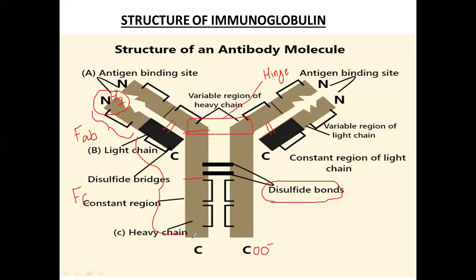So three domains are constant heavy chain regions and one is the variable heavy chain region. Similar to the light chain, the one near NH2 we call variable and the rest we call constant. The reason we say constant and variable is that in variable regions the amino acid sequences will be changing, I mean varying, and in constant regions the amino acid sequence will be constant. Done. So this is all about the structure of the antibody molecule.